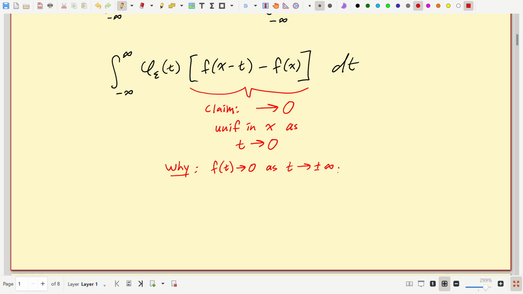So give me an epsilon bigger than 0. I can make it f of x minus t dt.